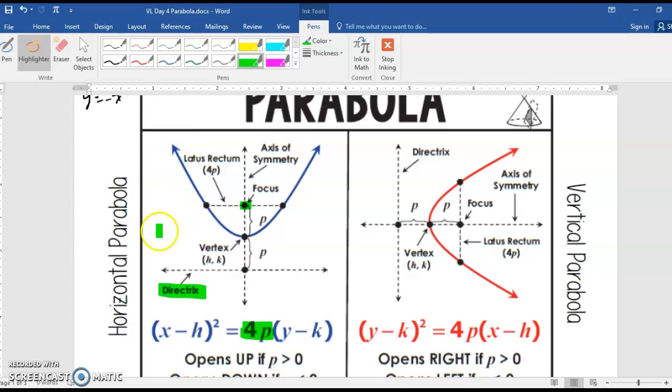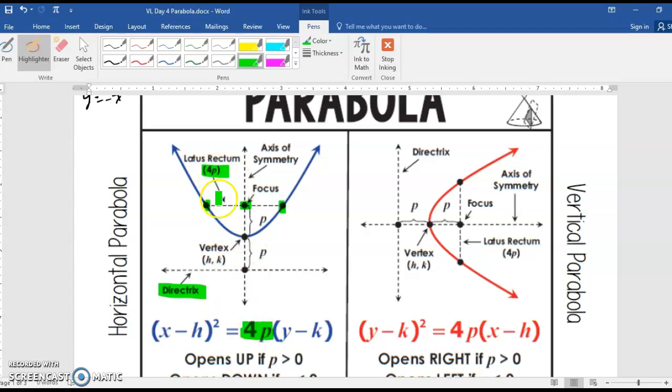Directrix is a line, so we must give it an equation but not a point or a single value. So we have to write the directrix equation as either y equals in this case or x equals in this case. Okay, so for p here, the line that passes through the focus and hits the parabola in 2 points, right? That line is the latus rectum, and the distance from here to here is 4 times the focal length, 4p.